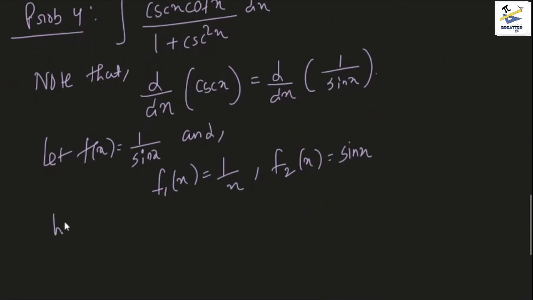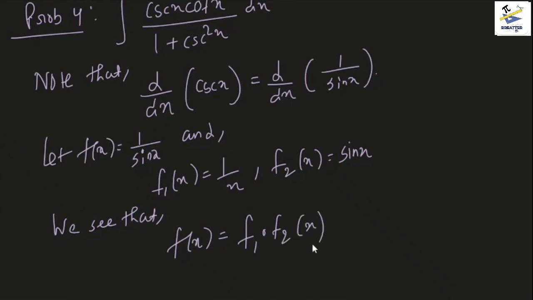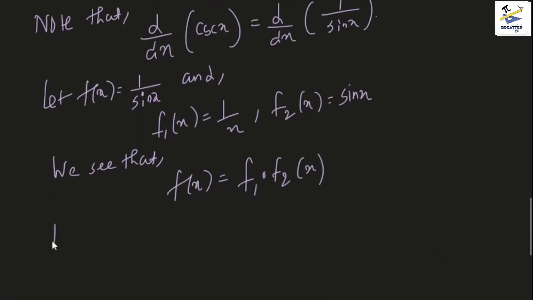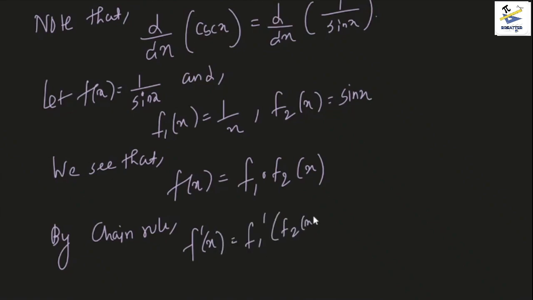We see that f of x is basically f1 composition f2 of x, right? By chain rule, f dash x is simply f1 prime of f2 x into f2 prime of x.